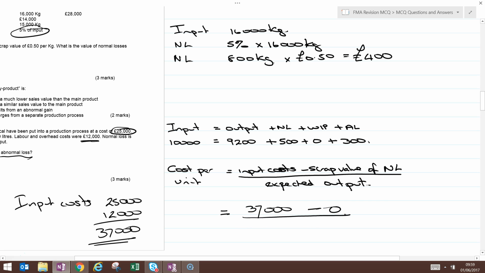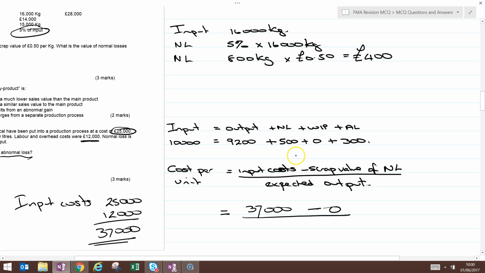Expected output. Note the word expected. It's not the actual output, which was 9,200. We want to know what we expected the output to be. Well, what we know is that we were inputting 10,000 litres, and we have a normal loss of 500 litres.